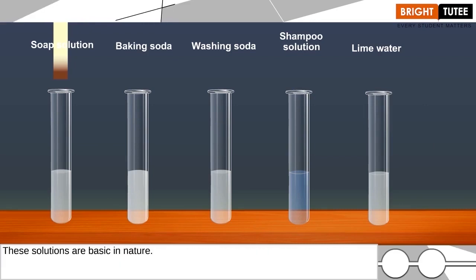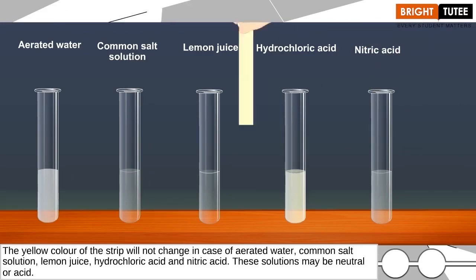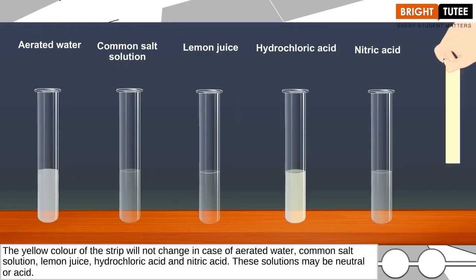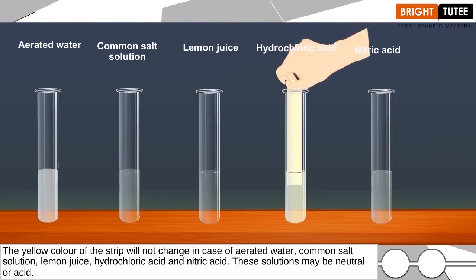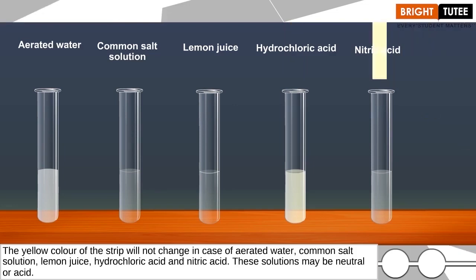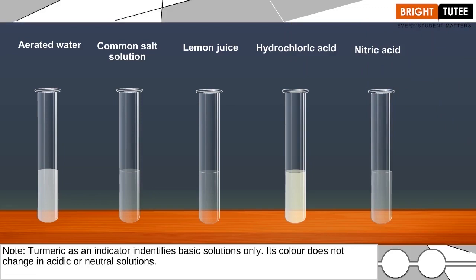These solutions are basic in nature. The yellow color of the strip will not change in case of aerated water, common salt solution, lemon juice, hydrochloric acid, and nitric acid. These solutions may be neutral or acid. Note: turmeric as an indicator identifies basic solutions only. Its color does not change in acidic or neutral solutions.